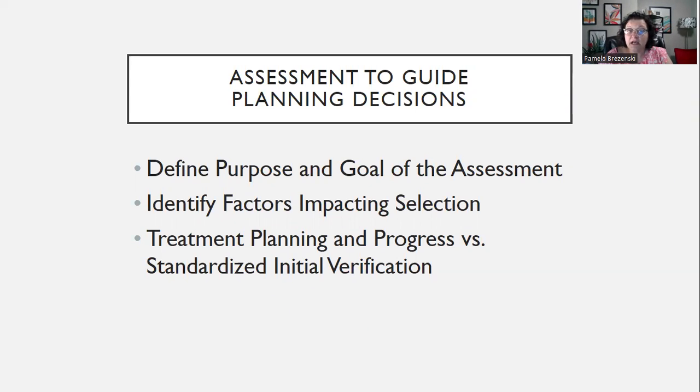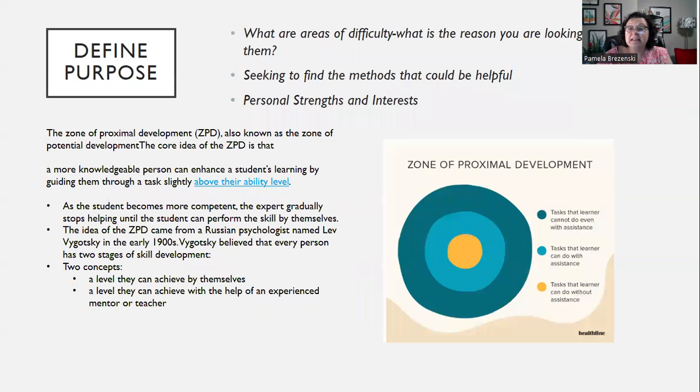And that helps us really go beyond that initial verification. Those standardized assessments are amazing at giving us some information, but for treatment planning purposes and intervention planning purposes, we have to make sure that we go beyond just that initial assessment. And that's what we talked about, is to define the purpose.